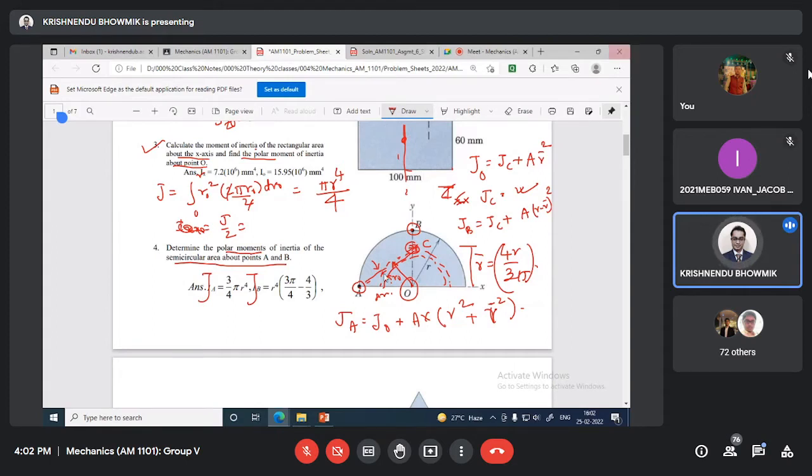I cannot directly write Ja equal to J0 plus A r squared, because this is not the centroid. Now the centroid is C. Number 4 is over.